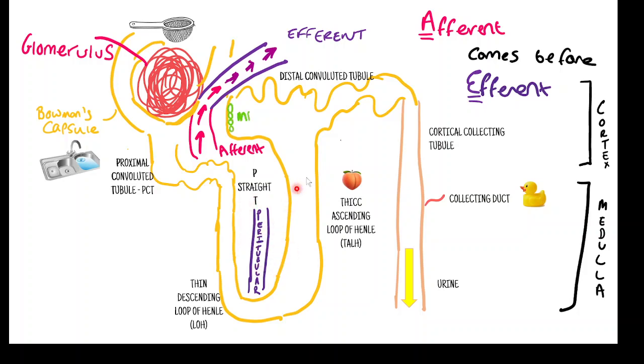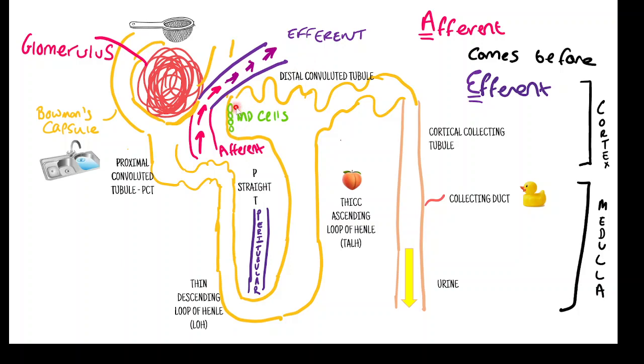Okay. You also have specialized cells that I'm going to touch on very briefly. Again, we'll go into more detail in the future. But you have specialized cells on the distal convoluted tubule. So if you see here the afferent arteriole, which is where it all started, the afferent arteriole is very, very close to this side of the distal convoluted tubule.